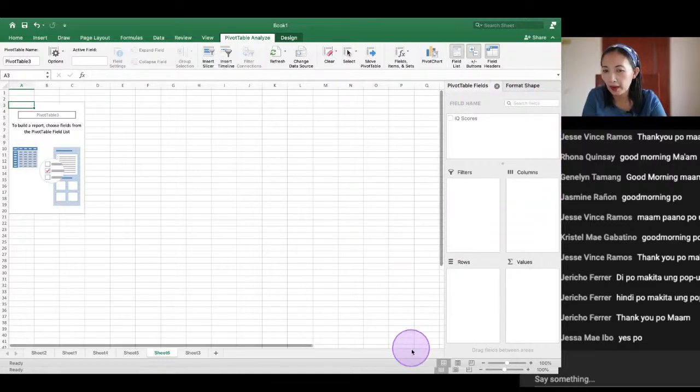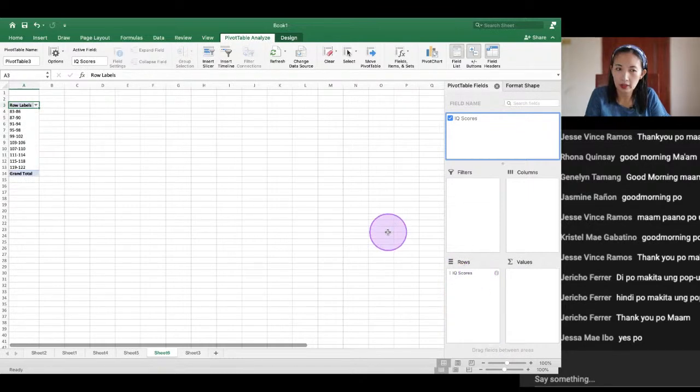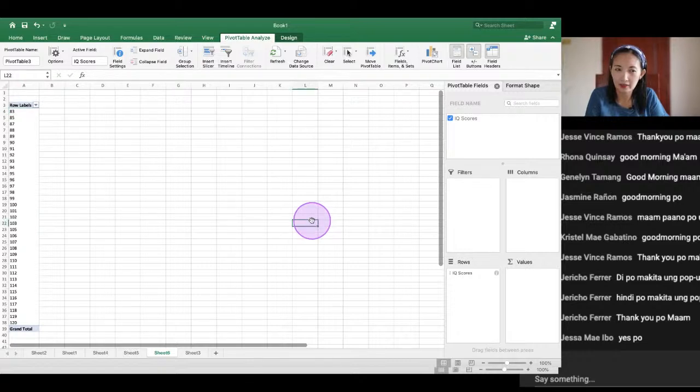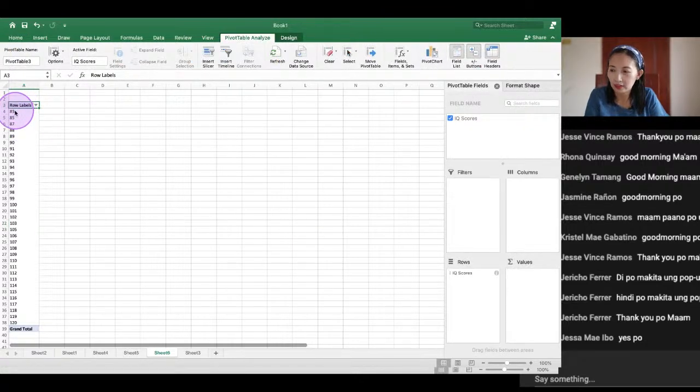And then, your pivot table fields will also appear. Once again, drag the variable IQ scores to the rows. Oh, it's already regrouped, since it was grouped earlier. Let's ungroup first.